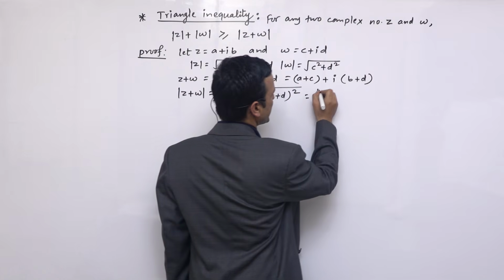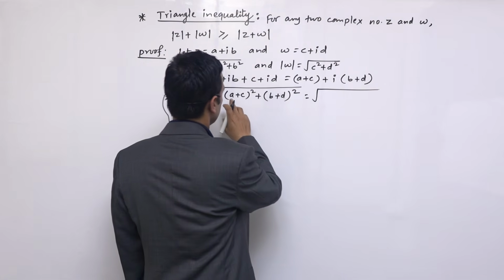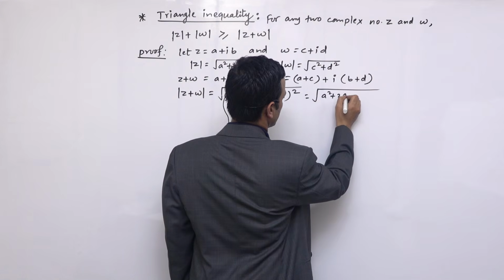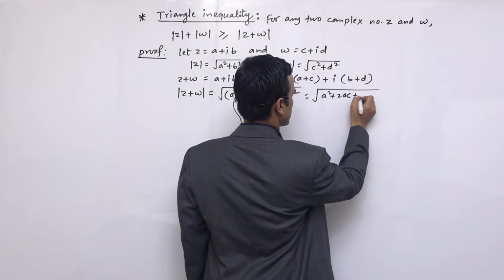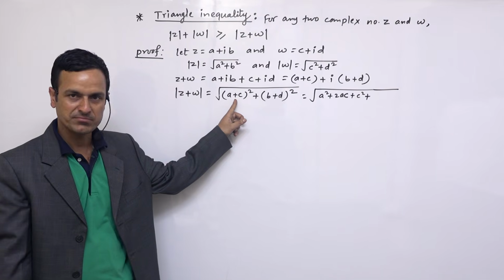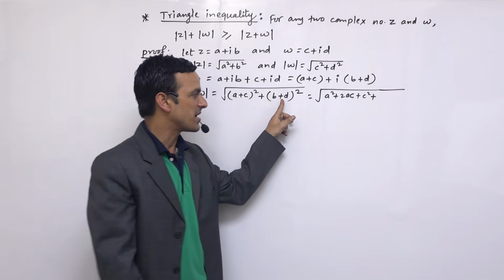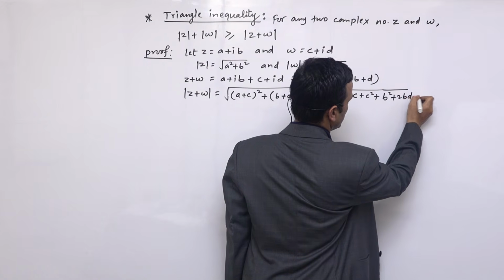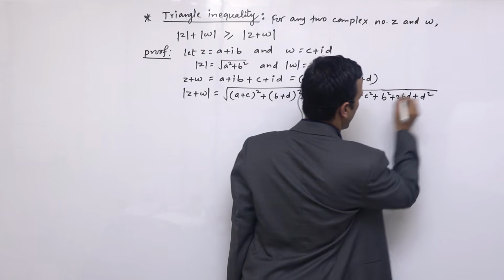If we expand like this, then this will be the result. Now a squared plus 2ac plus c squared is the expansion of this term, and the expansion of this term is b squared plus 2bd plus d squared.